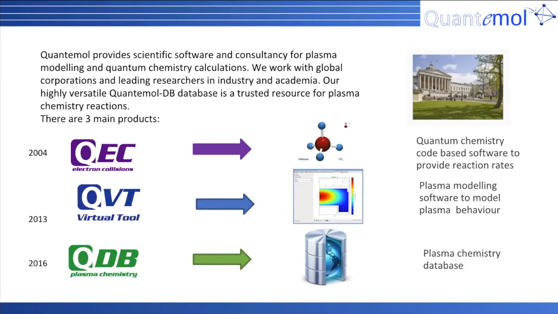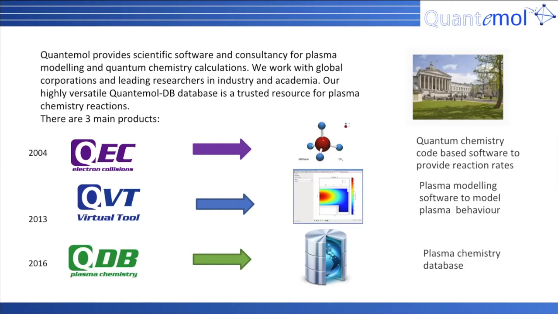Our three areas are calculation of cross-sections for molecules, so electron scattering cross-sections, plasma simulations based on the HPEM code by Mark Kushner, and collecting and curating plasma chemistry data.